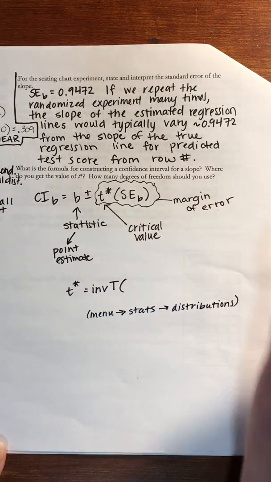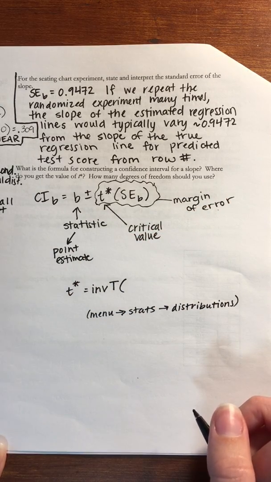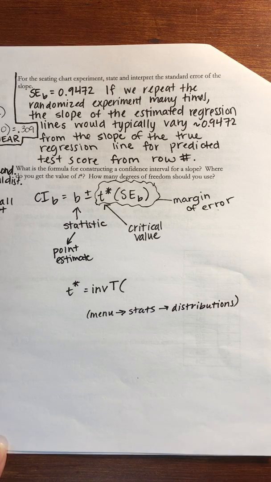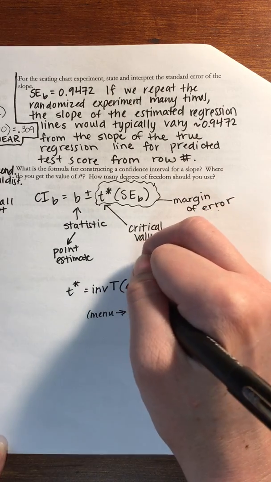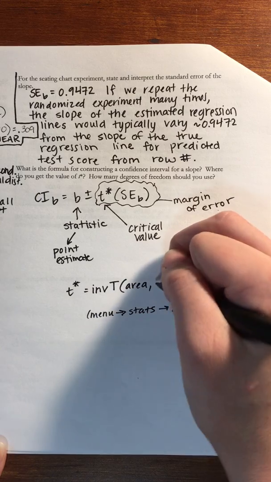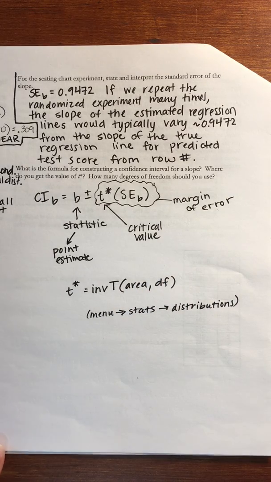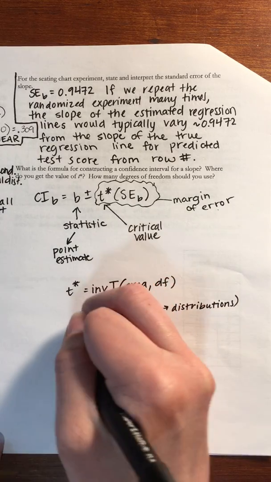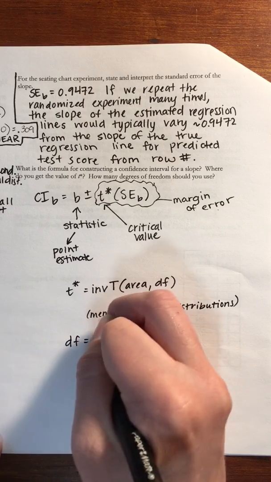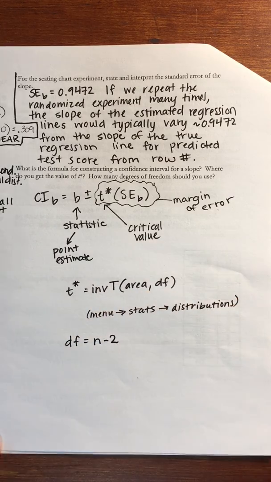And then what it's going to ask you for is the area and degrees of freedom, which again we'll talk about more next class. Your degrees of freedom here are n minus 2.